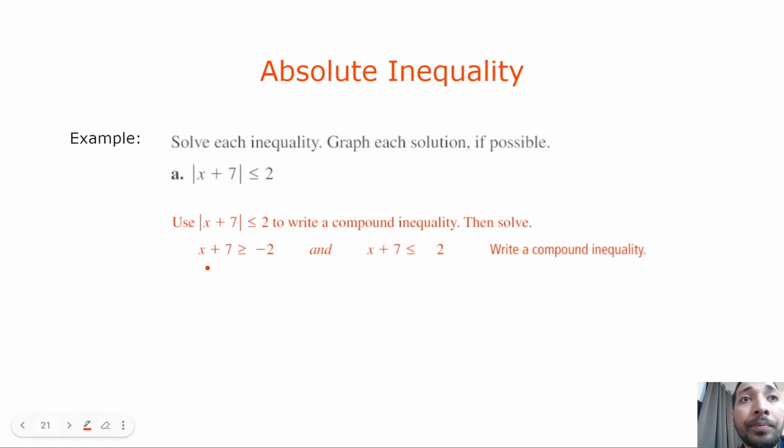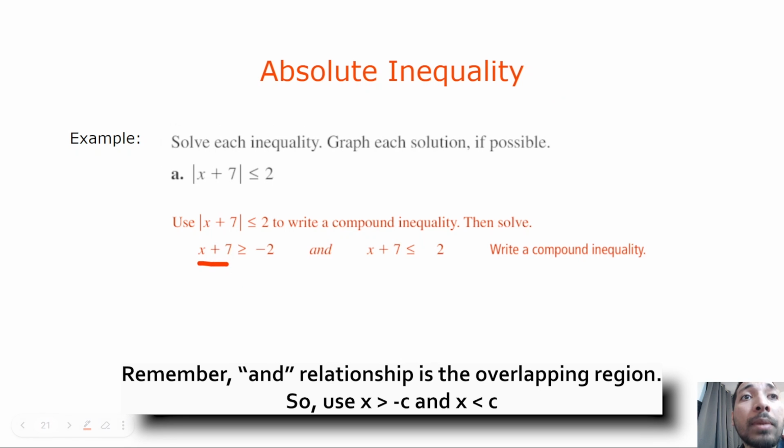So first we'll take x plus 7 greater than or equal to negative value and x plus 7 less than or equal to positive value. Remember, for the AND relationship, we just take the greater than or equal to negative value and less than or equal to positive value, and then we solve these inequalities.